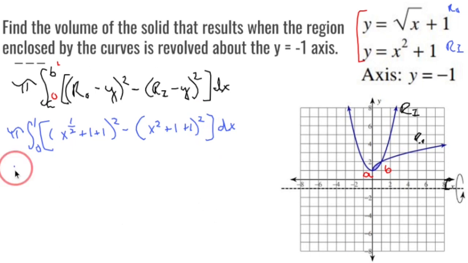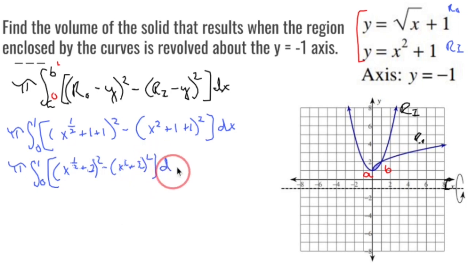Okay, so let's do a little bit of simplifying. Pi still lives there. Far from integrating. So if I were to do that, that becomes x to the 1/2 plus 2 squared minus x squared plus 2 squared dx. We've got ourselves two perfect square trinomials.